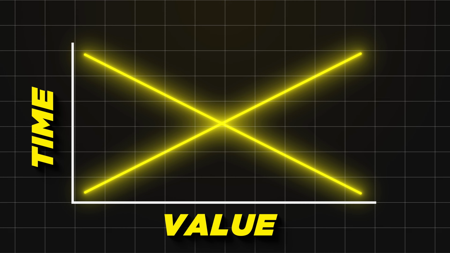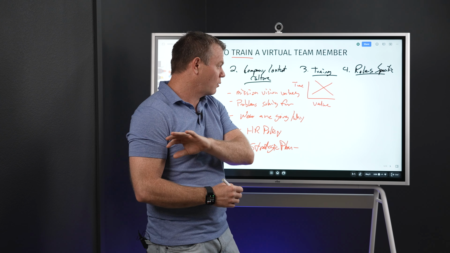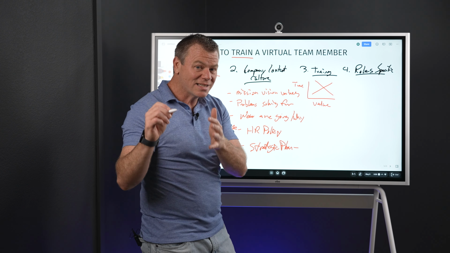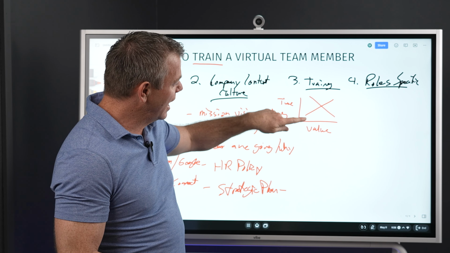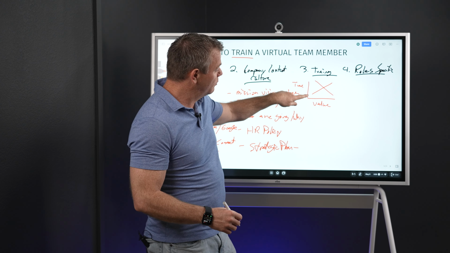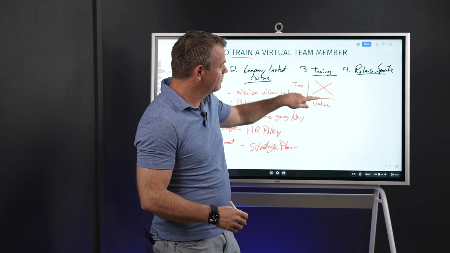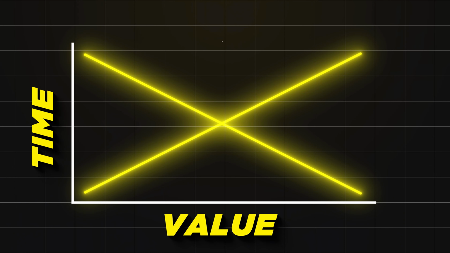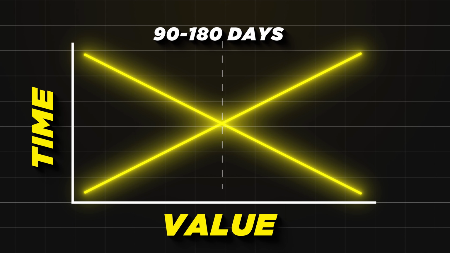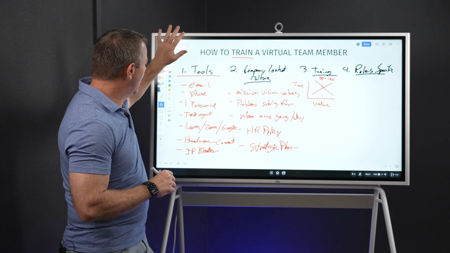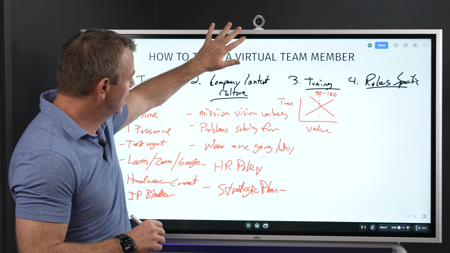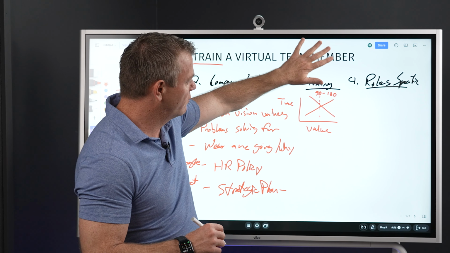See, in the beginning, when you hire somebody, whether it's a virtual team member or a C-suite person or a manager or just an individual contributor inside your business, as a company, you spend a lot of time getting them up to speed, and it's very low value for that company because it takes time to launch someone. So what we say that happens is you're going to start seeing value within 90 to 180 days. And the variance there is literally how good you are at setting somebody up with the tools, giving them the company culture, and then providing great training.